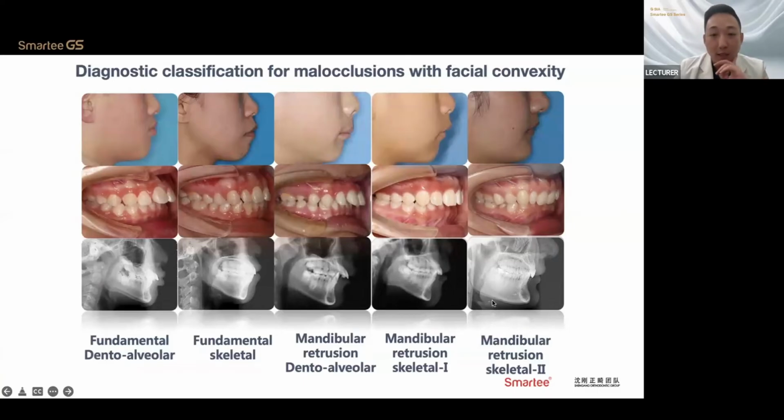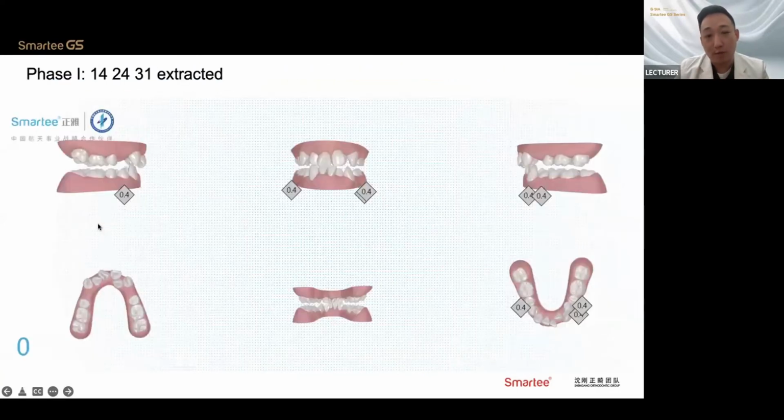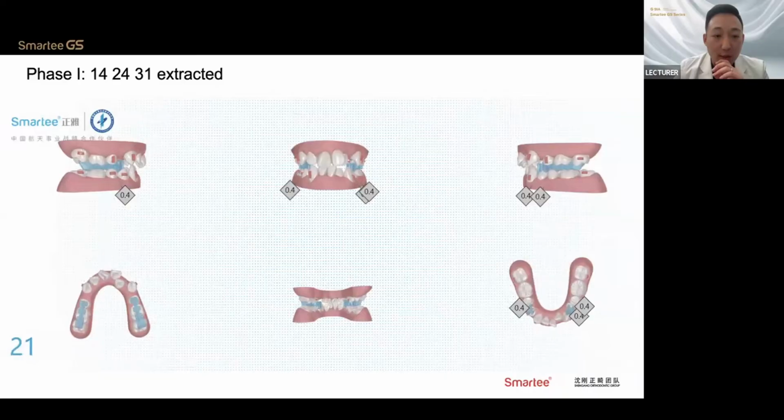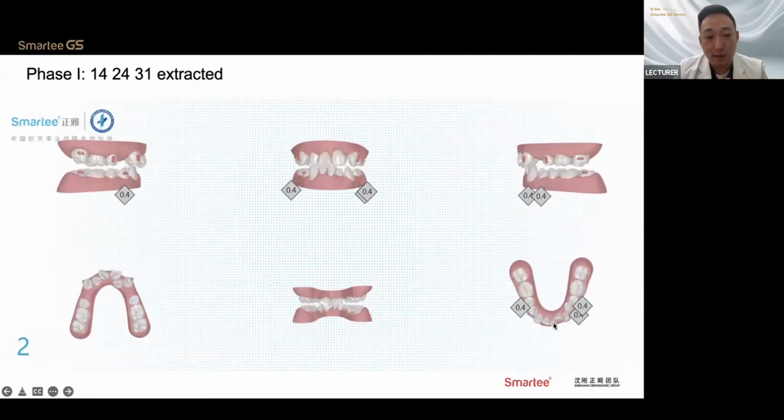So this is also an indication, a case good for S8 SGTB. You can see this time, I have two teeth in the upper dentition extracted and one tooth extracted in the lower incisor area.